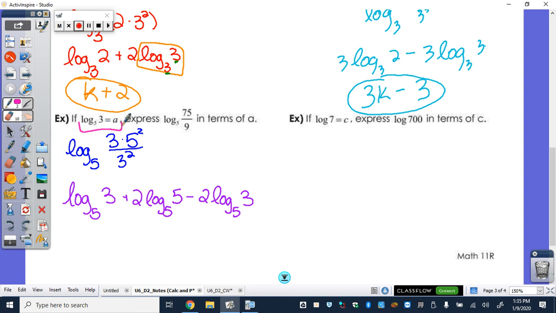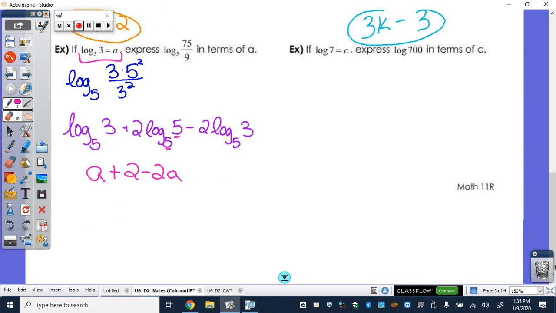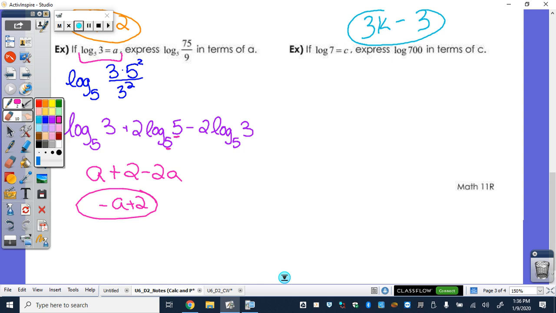So then those log base 5s of 3s, those are going to turn into a's. Log base 5 of 5 simplifies to 1. So 2 times 1. And then subtract my a's, a minus 2a. Will give us negative a.